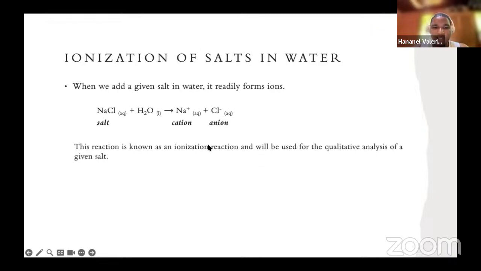This is the ionization reaction and will be used for the qualitative analysis of a given salt. That is why our samples need to be in aqueous form, so we can actually do the QA.